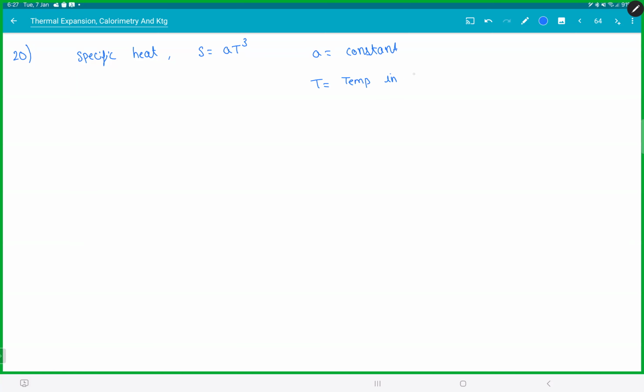T is temperature in Kelvin. M is the mass. Find the heat required to change temperature from 10 degrees Celsius to 20 degrees Celsius.